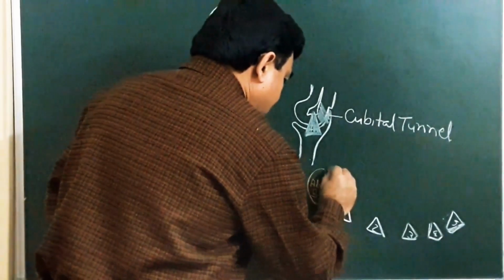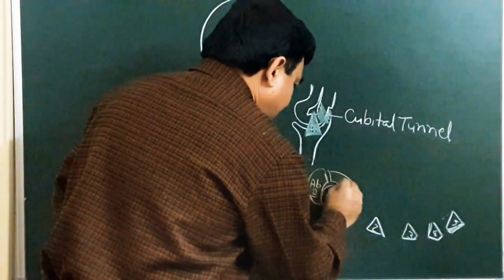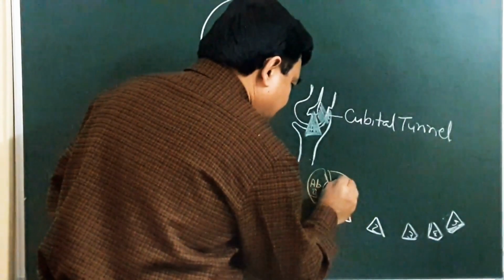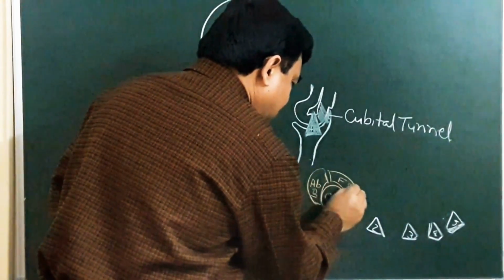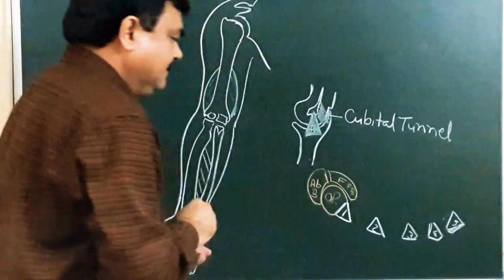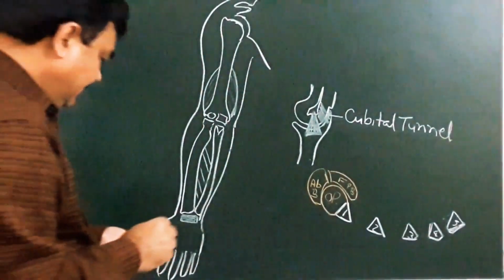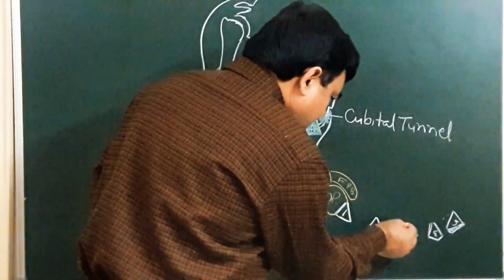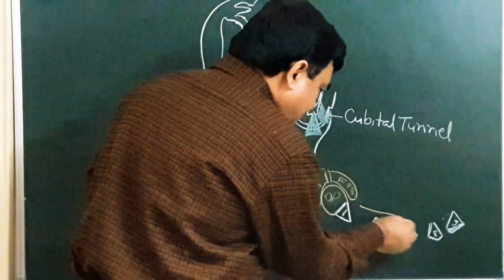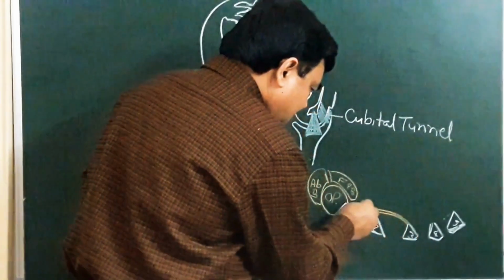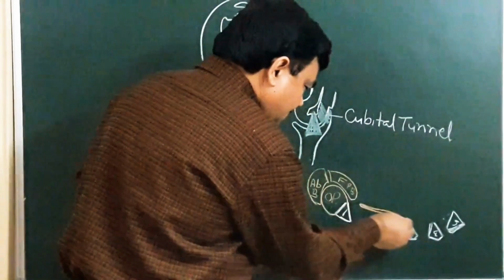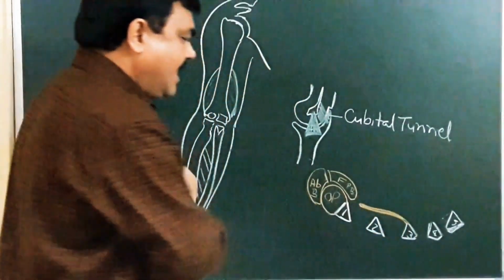Here is flexor pollicis brevis. These are thenar muscles. And here is adductor pollicis, which is also a thenar muscle.